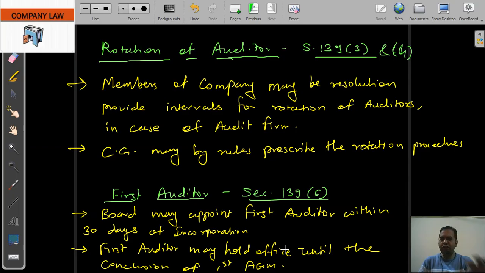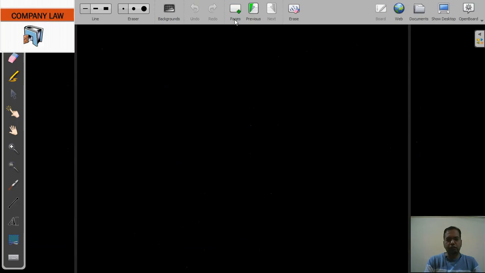And if the board fails to exercise the appointment of the auditor, then the board will inform the members about it, and the company may appoint the first auditor within 90 days at an extraordinary general meeting, because the company will then have to conduct the extraordinary general meeting for that particular purpose. I'm just taking you through the important provisions of Section 139.